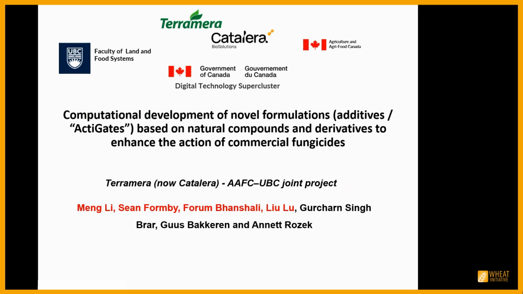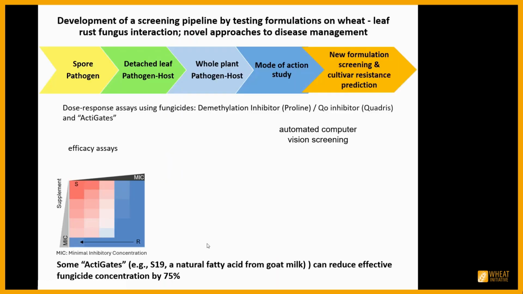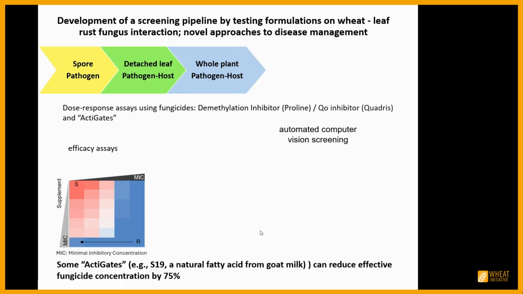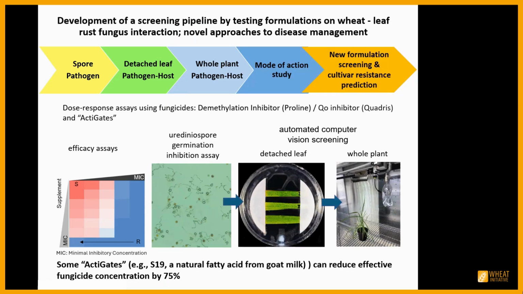Another little experiment or project we did was with a company, Terramera, which is now called Catalera, where we looked at novel formulations, so additives, what they called actigates, based on natural compounds and their derivatives to enhance the action of commercial fungicides. In this case, we set up a pipeline.